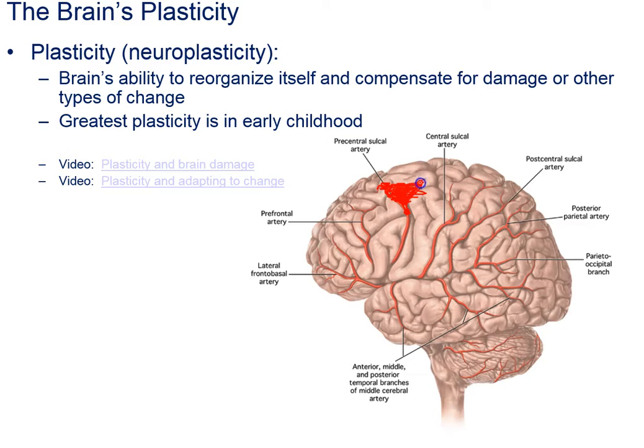Generally, the rule of thumb is within an hour. If you can get blood flow restored within an hour, a lot of people don't have a whole lot of damage, fortunately. And that's why it's important to know the symptoms of a stroke and get somebody help right away if you suspect they may be having a stroke.